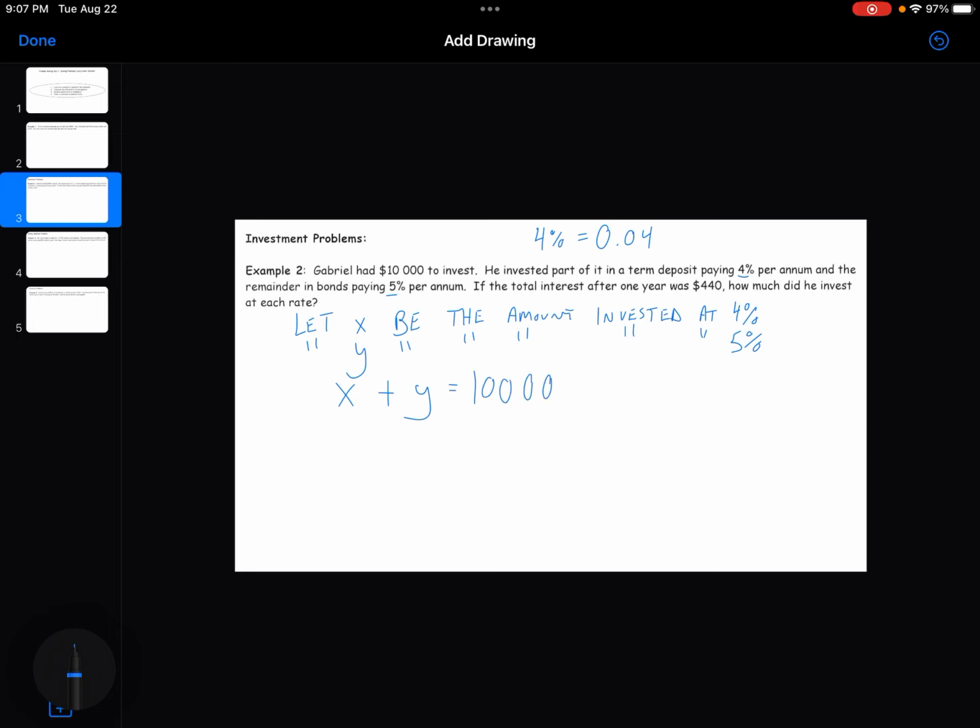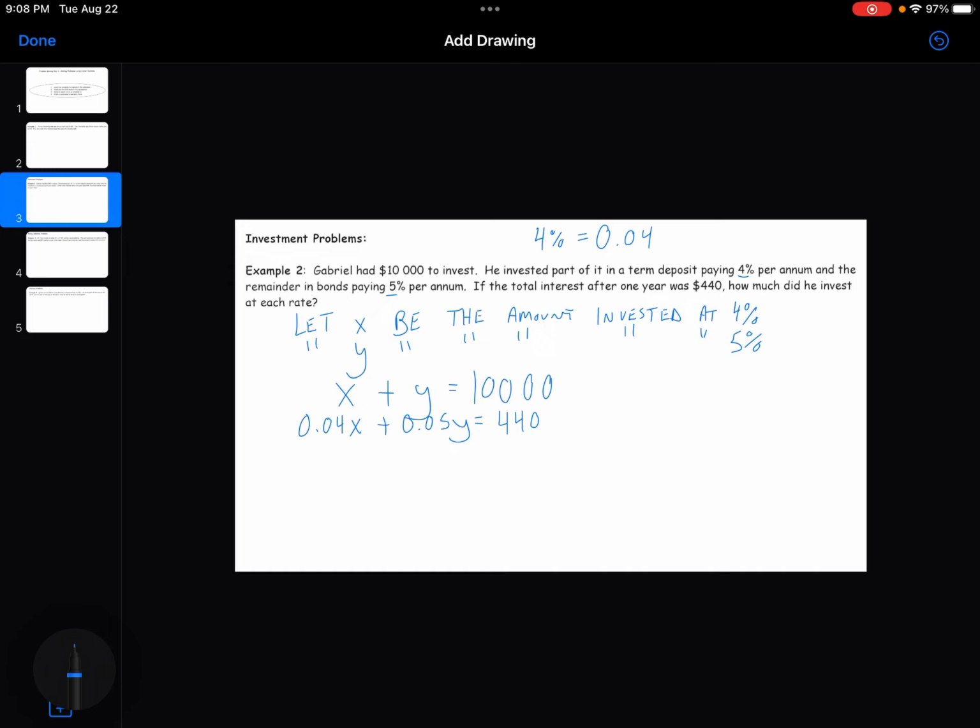Now again, we could change this around and make it a substitution. We could also look at it this way. We've got 0.04x. We're earning interest on whatever we've invested at X of 4% plus 0.05Y. That's all of our Y value, and we've earned $440.